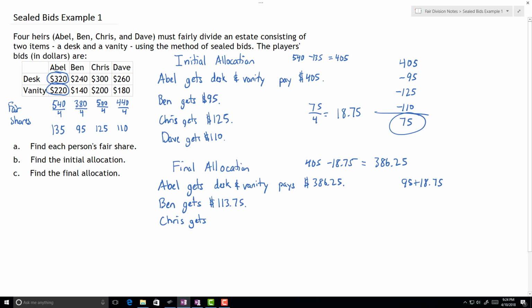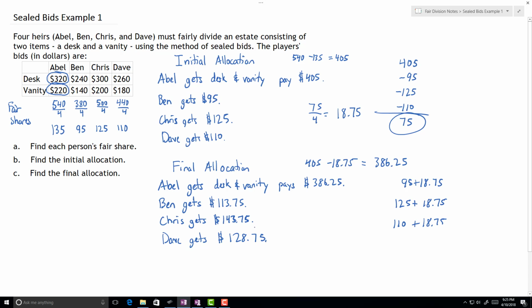Chris, I forgot an S there, has $125 that he gets out of the pot, and he gets $18.75 added to that, and so that runs his total up to $143.75. Dave initially got $110, so we take that $110, add the $18.75, and he gets $128.75. Those are fives there.